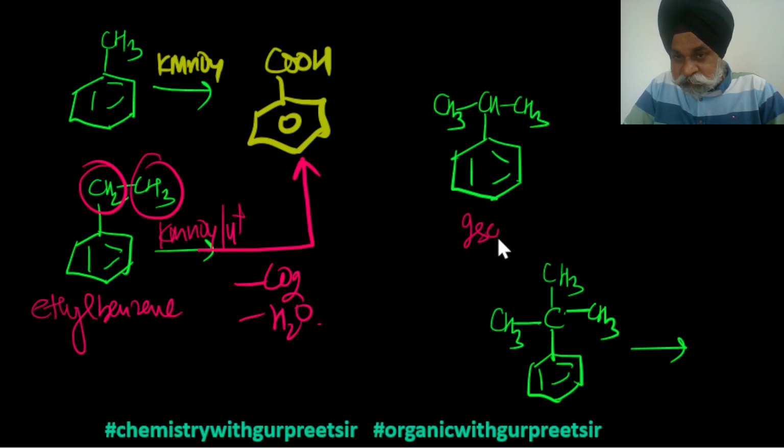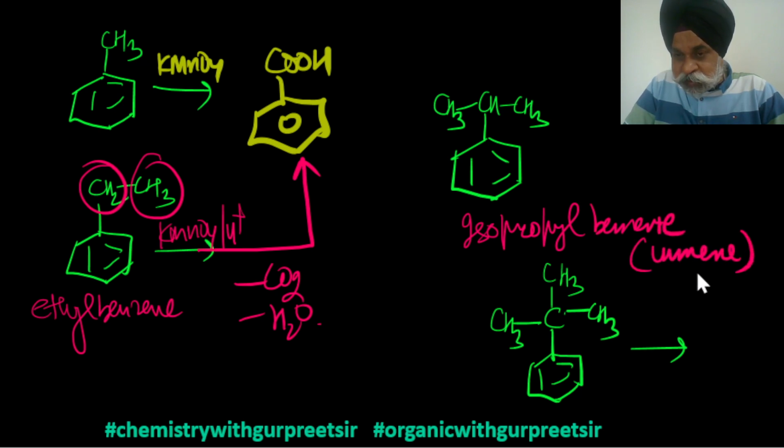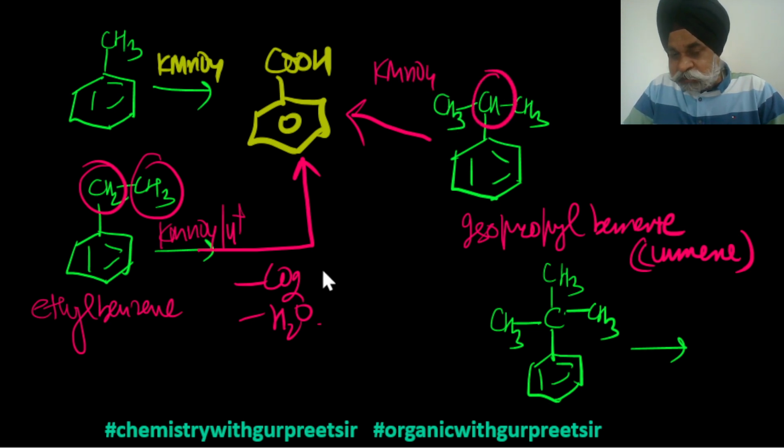Similarly, if you have isopropyl benzene, which is popularly called cumene, a very common name of this compound, this also would give you benzoic acid when treated with KMnO4, because it still has one benzylic hydrogen attached to the carbon, and the rest of the carbons would go out as carbon dioxide and water. Whatever is the requirement of oxygen would be fulfilled by KMnO4.